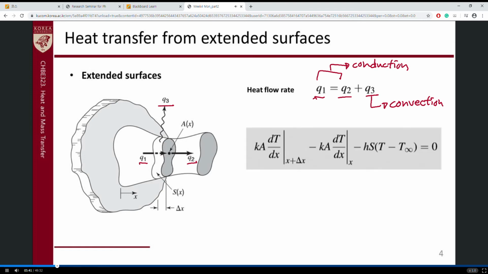This makes sense. Q1 is here, right? Q1 is kA, the temperature derivative with respect to x, at position x. But after x plus delta x, in this area, we express Q2 like this, and the convection is expressed like this, right? Okay, so this is Q2, this is Q1, and this is Q3.